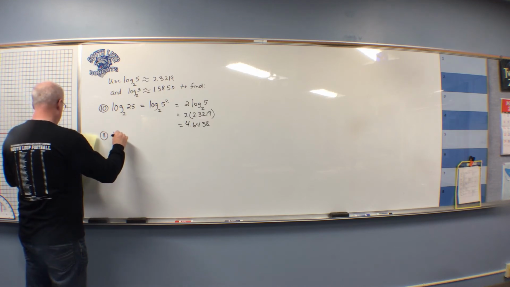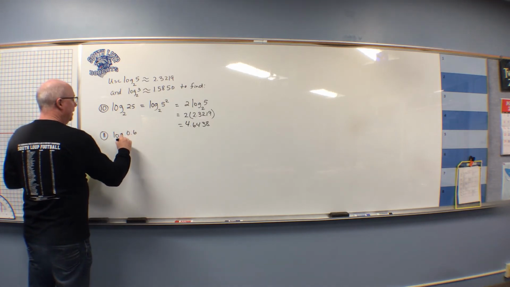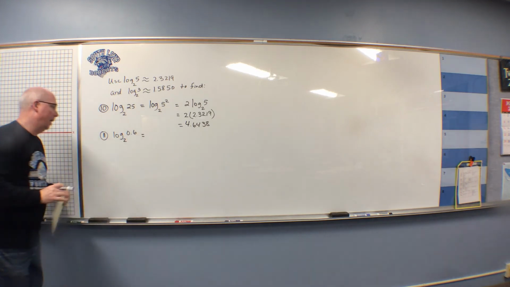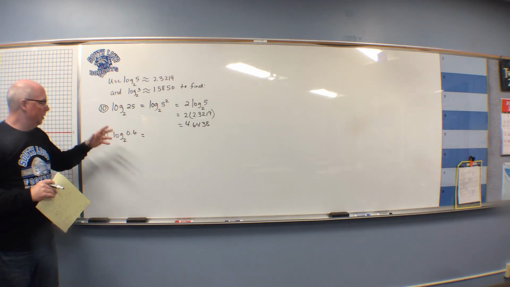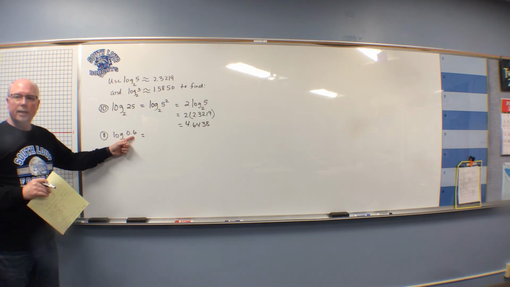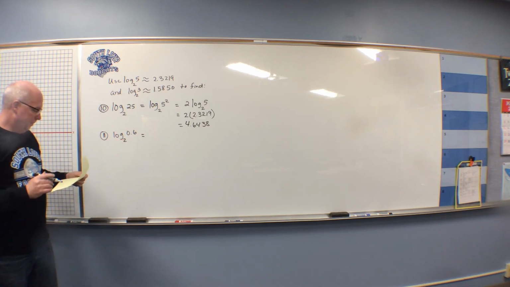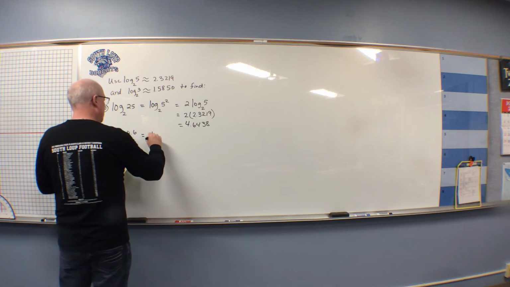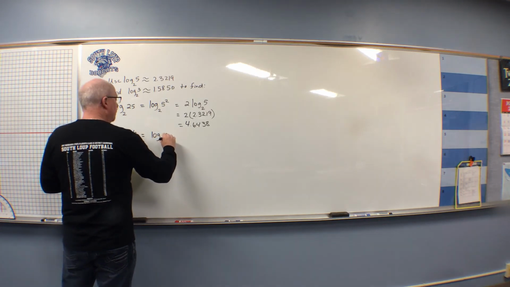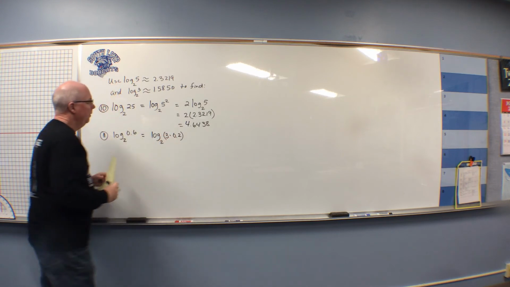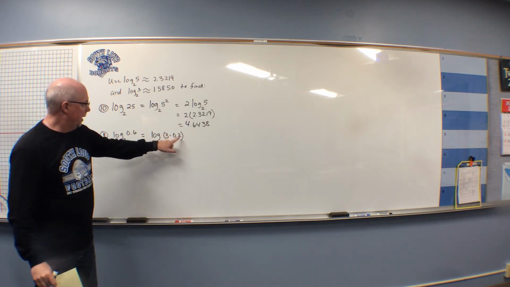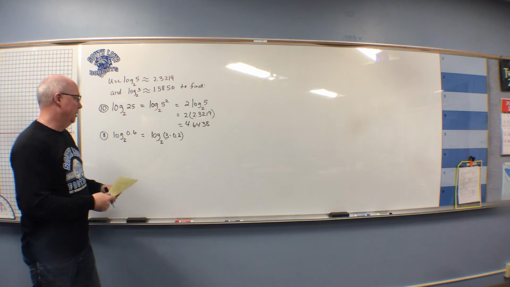This one's a little bit lengthier, and it's a little bit harder. I have to come up with an idea of, using the values of 5, 3, and 2, how to get 0.6. I do know that this is the log of 3 times 0.2 base 2. And if you multiply that out, 3 times 0.2 is equal to 0.6.